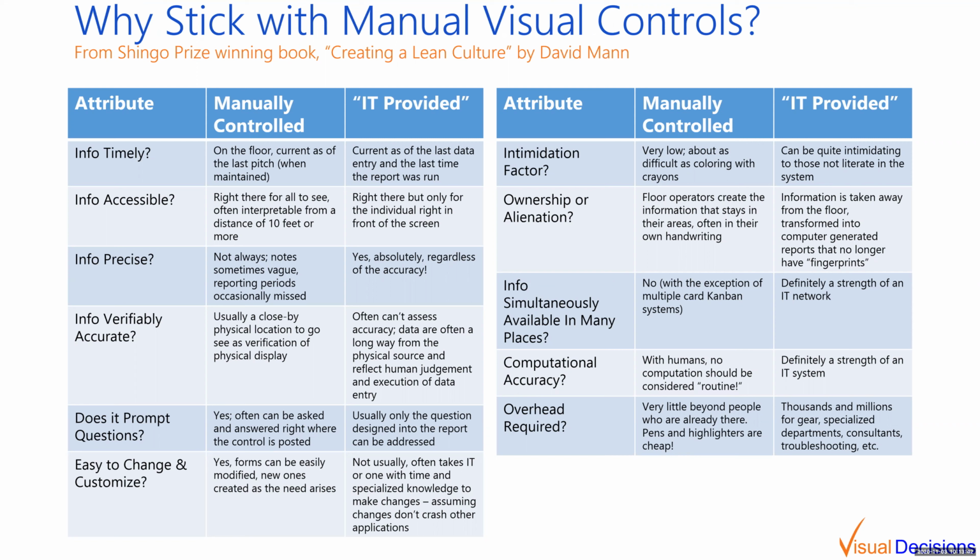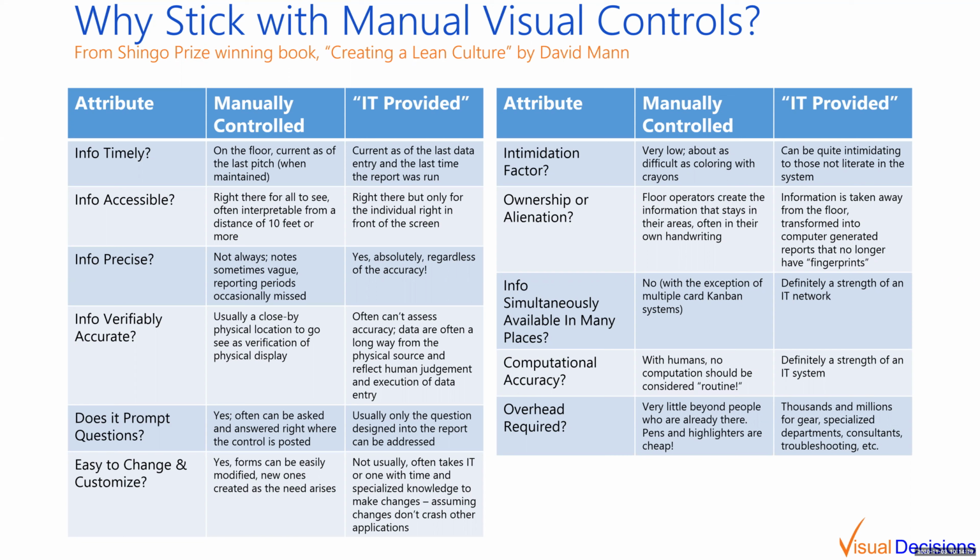And from that book, Creating a Lean Culture by David Mann, I have a lean manufacturing background, and a lot of my feelings on combining the lean factory and the smart factory actually derived from the principles in that book that I read way back when. I very much believe in a lot of the philosophies there, and I'm a strong believer in reducing waste and everything else that comes with lean manufacturing.